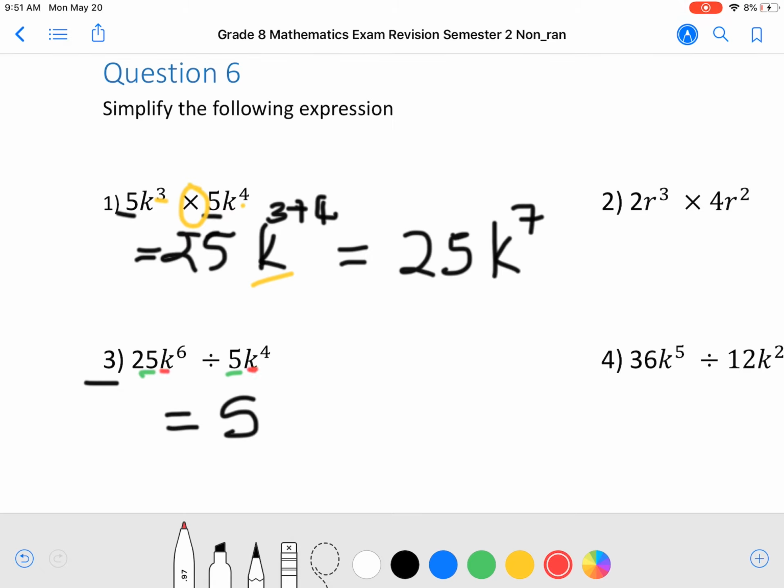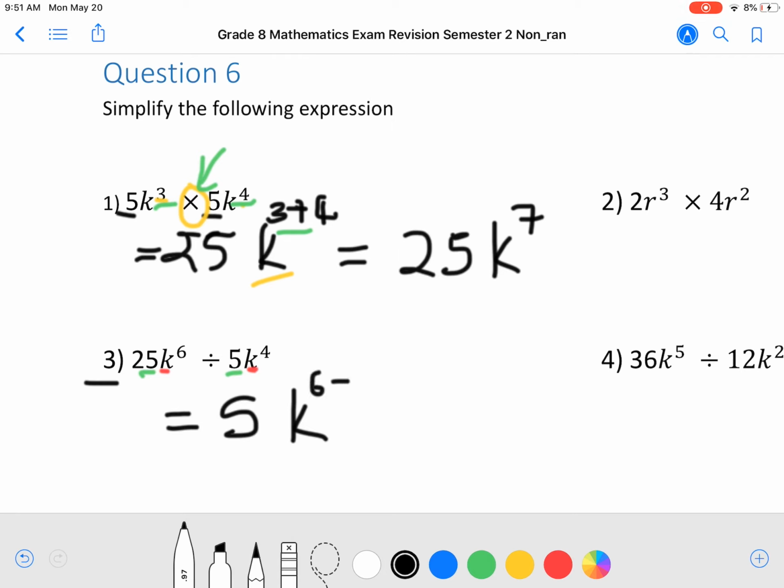And we have k to the power 6 divided by k to the power 4. Now what's different with division is that when we multiplied at the top, we used plus to add these two. But now when we're using division, we can write the k down, but we're using a minus sign.